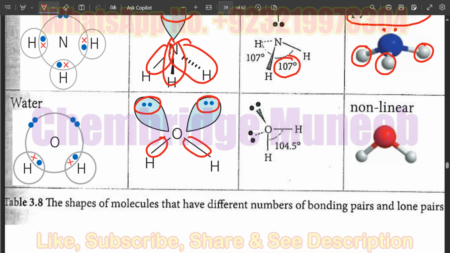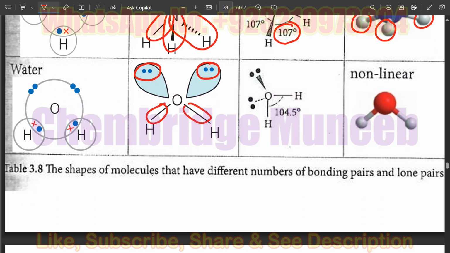Now because we also know the order of the repulsion between the electron pairs, can you tell me the order of the repulsion between the electron pairs? What do you mean by the order of the repulsion? The order of repulsion. Yes.